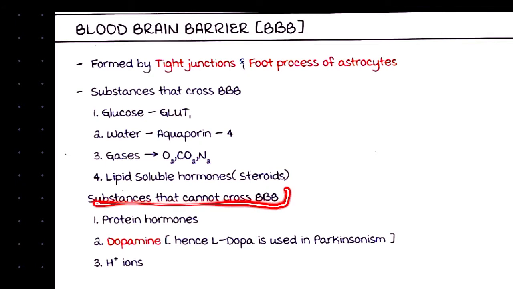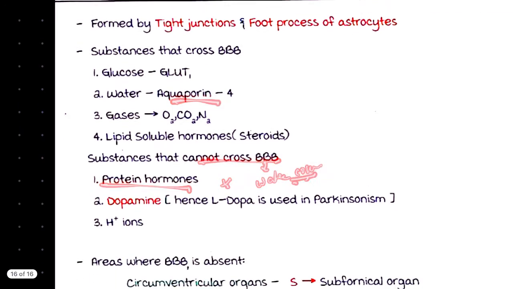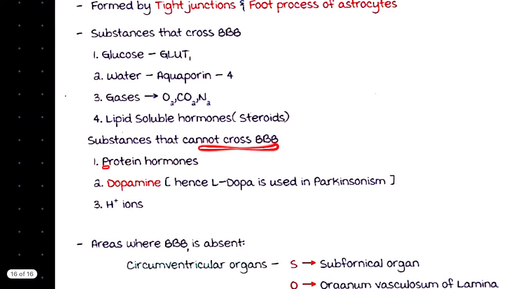What are the substances that cannot cross the blood-brain barrier? These substances are water soluble, such as protein and hormones. Water soluble substances cannot cross the blood-brain barrier, but water can cross because aquaporin 4 helps in crossing of water. So water soluble substances such as proteins, hormones, and dopamine will not cross the blood-brain barrier.